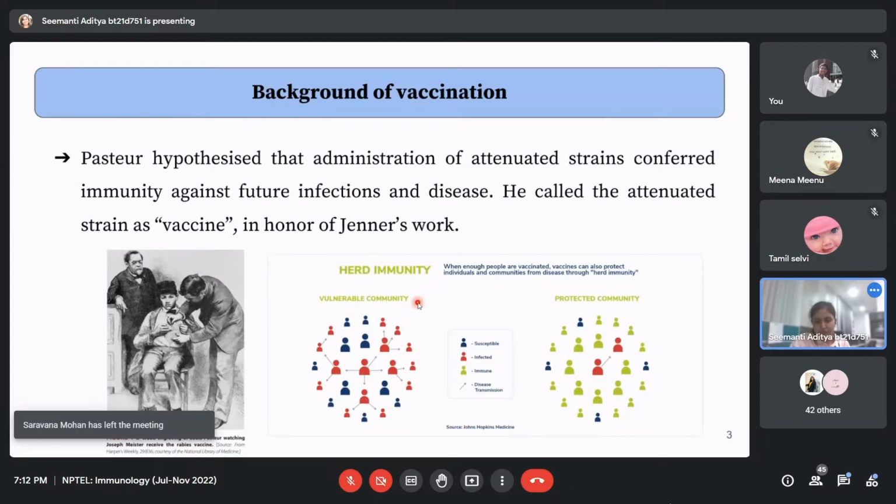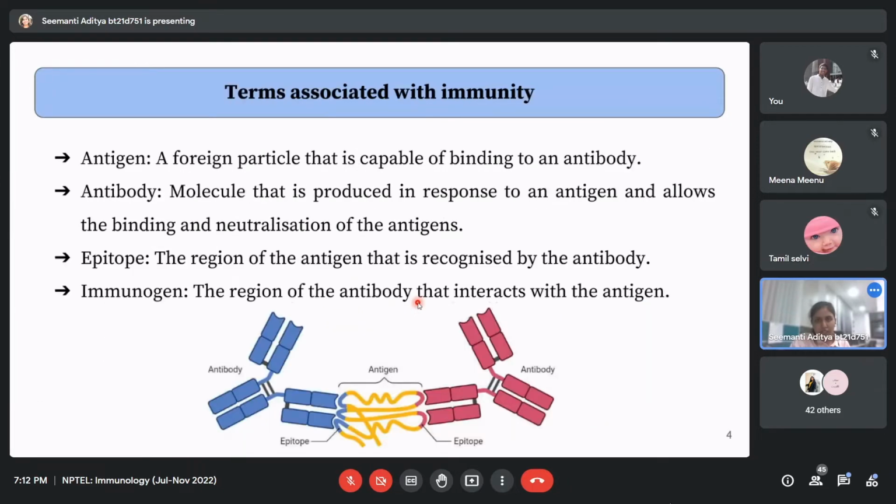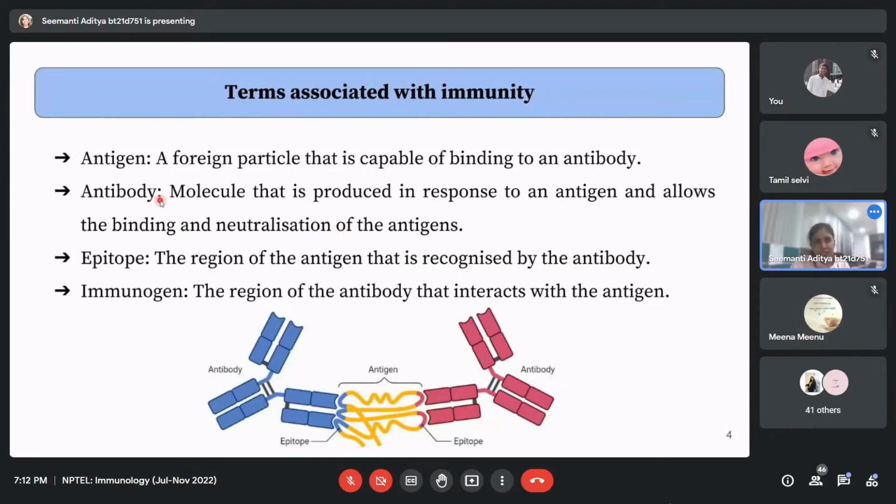Now, there are certain small terms associated with immunity which I would like to discuss. So what is an antigen? An antigen is a foreign particle that is capable of binding to an antibody. There is another term called immunogen.